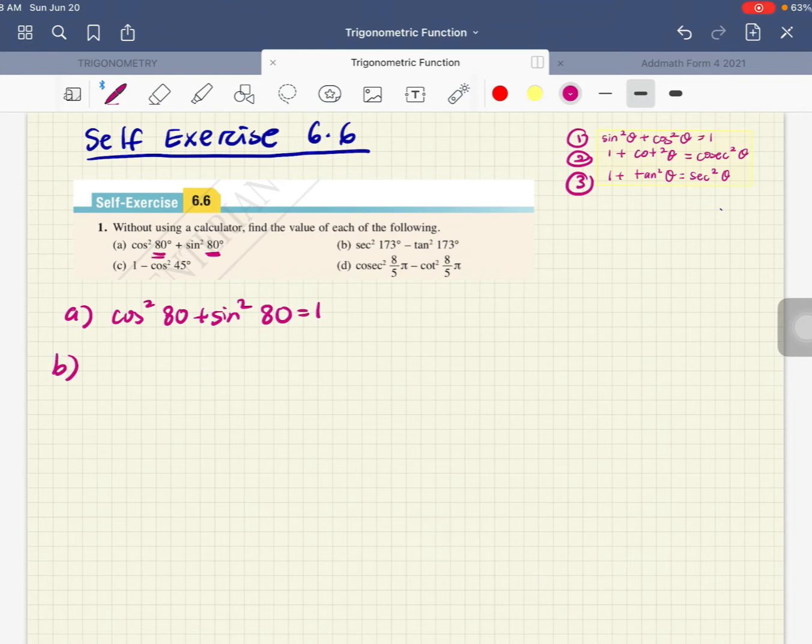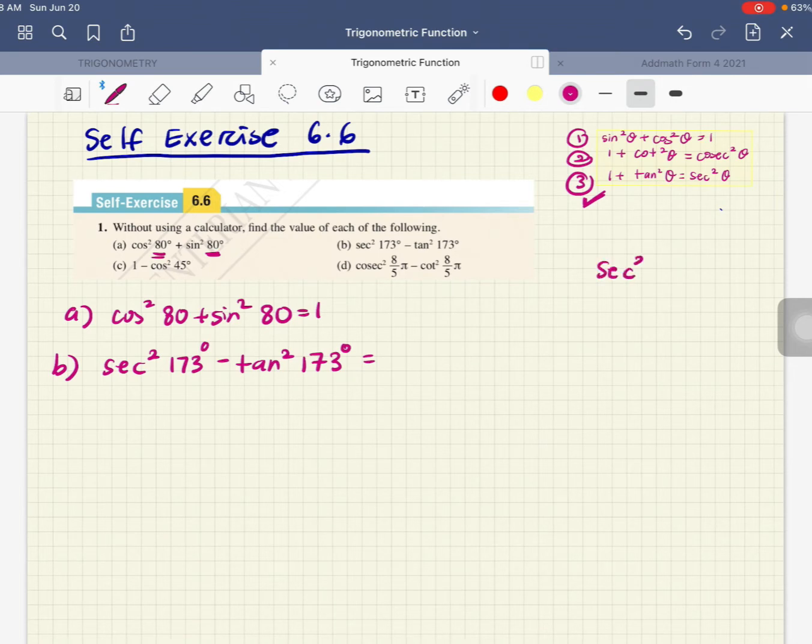Now for question B, secant square 173, you see, they have the same degree. Let's look at the basic identities for number 3. Let's rearrange it.